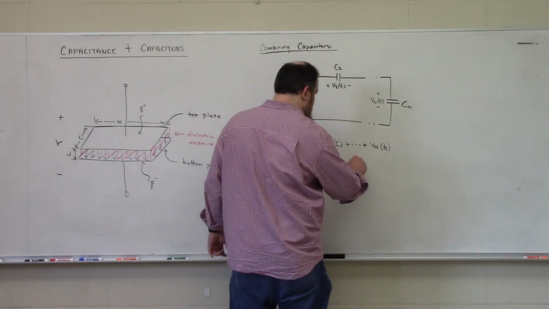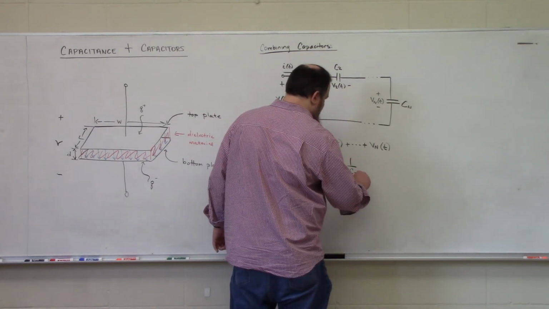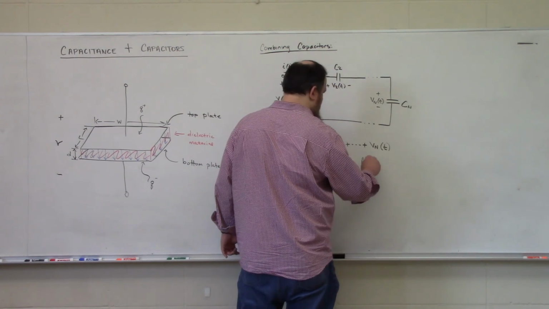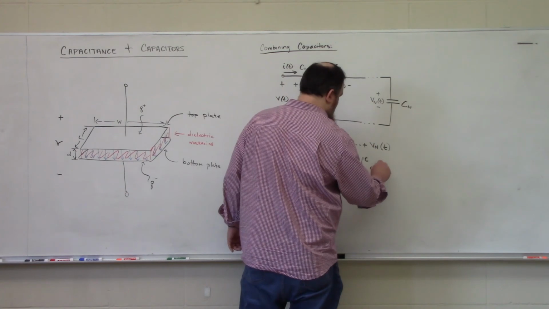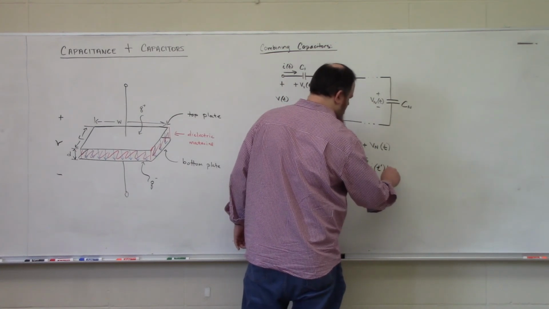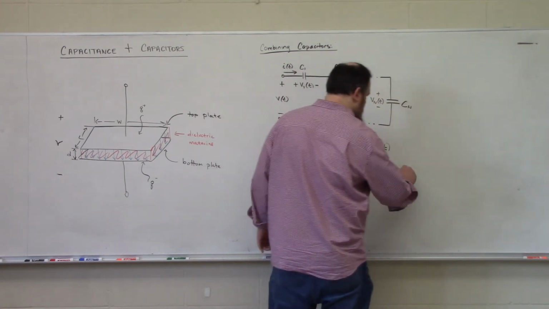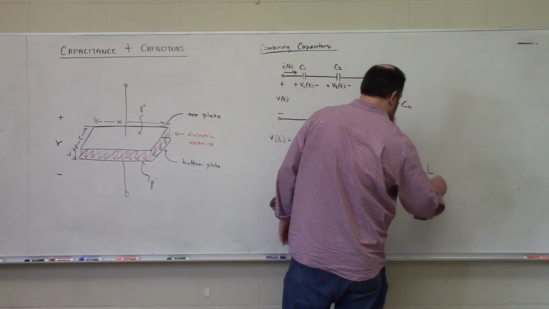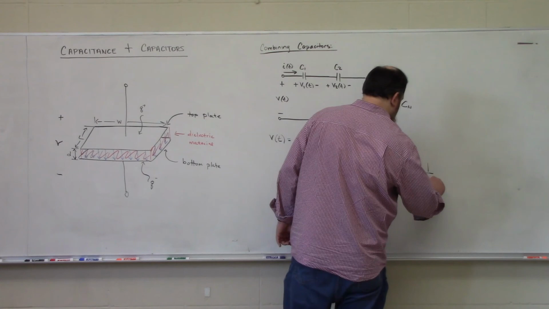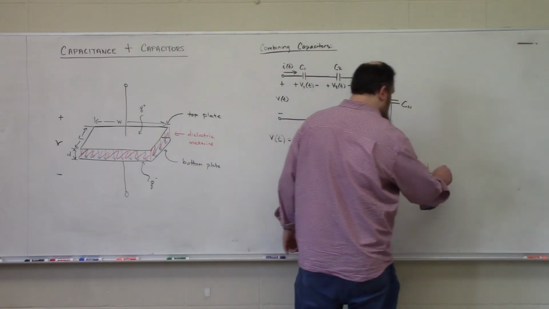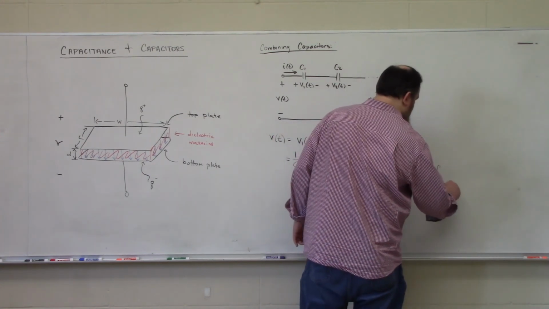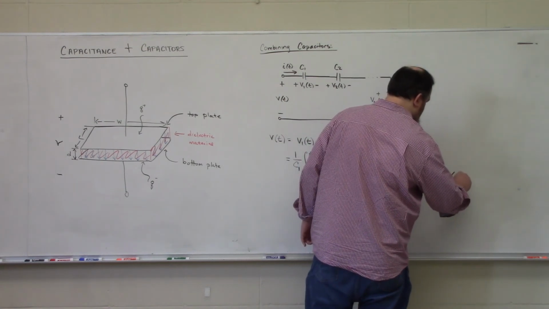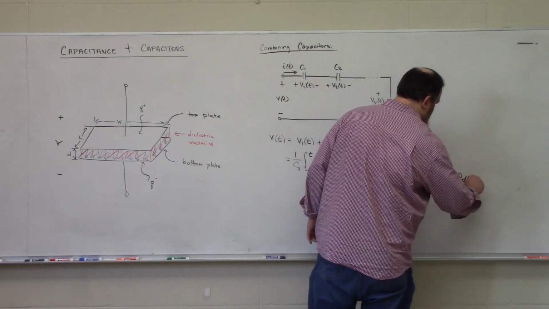V2 is 1 over C2, integral from negative infinity to t of I of t prime dt prime. And the voltage drop Vn is then 1 over Cn, integral from negative infinity to t of I of t prime dt prime.